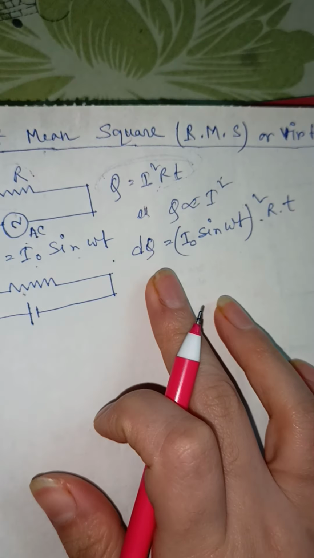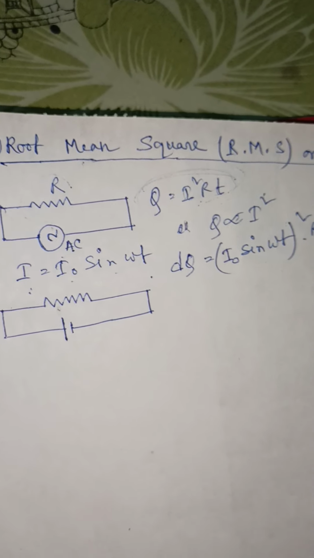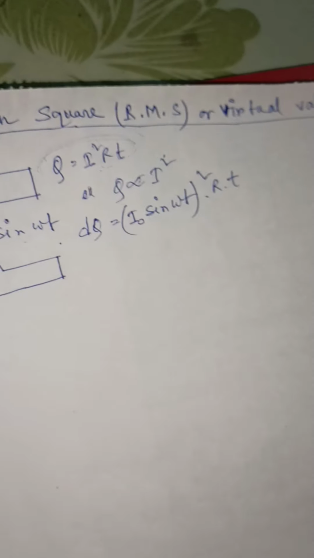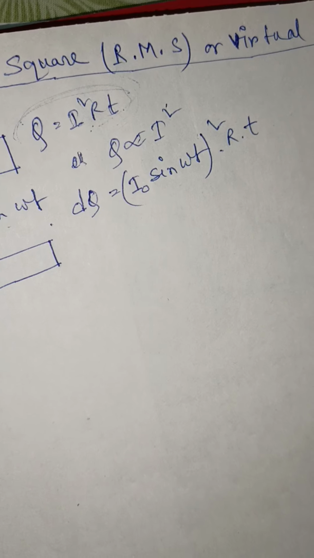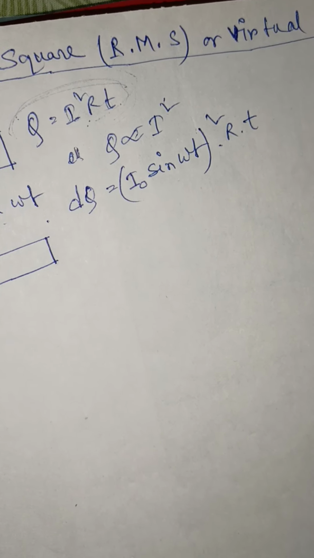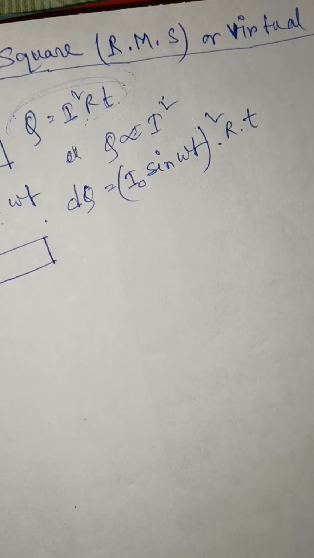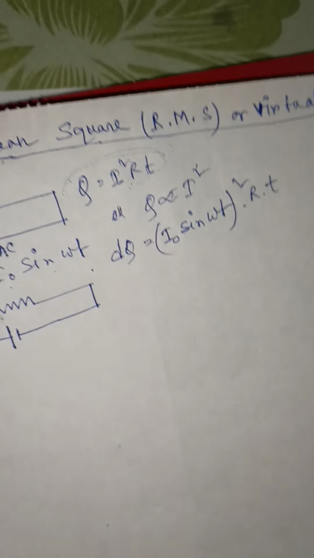So this is dQ, and here I am going to find the heat produced in these resistors for half cycle.